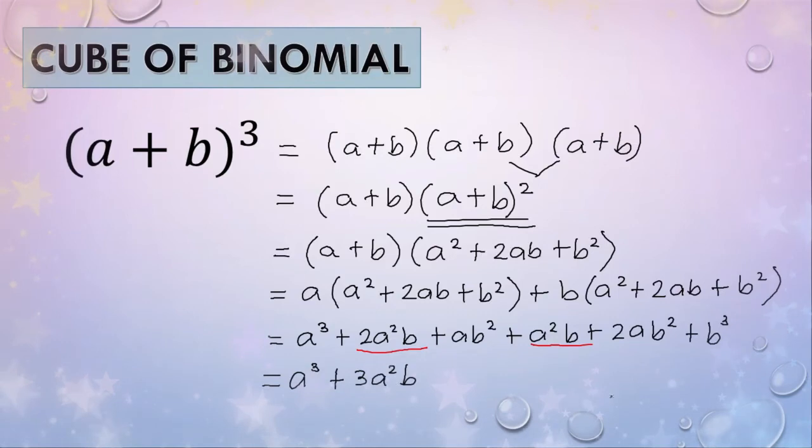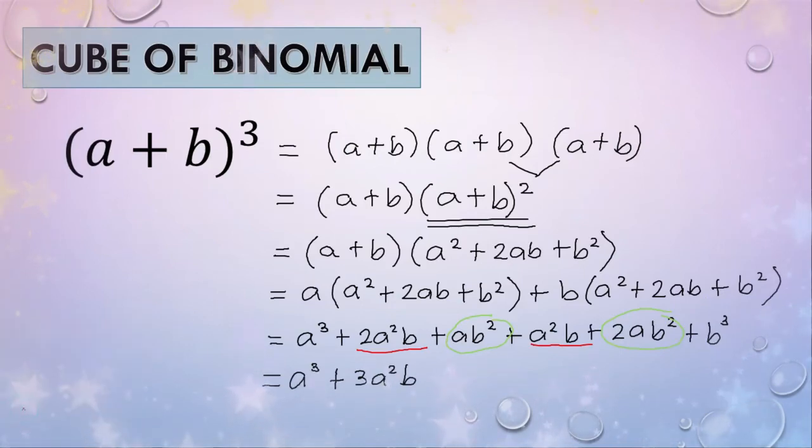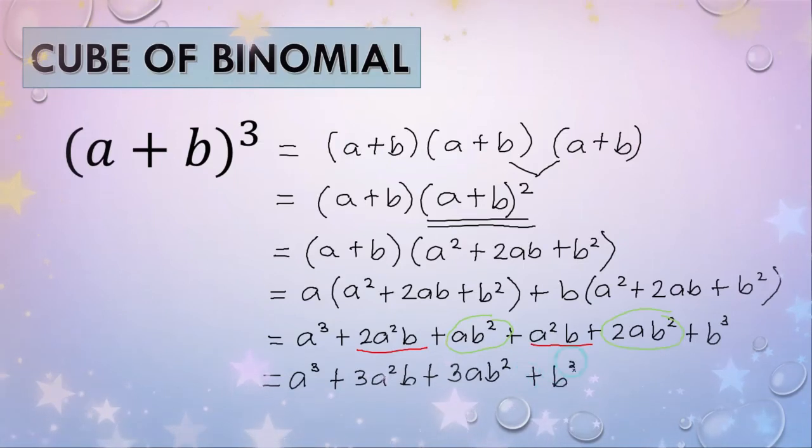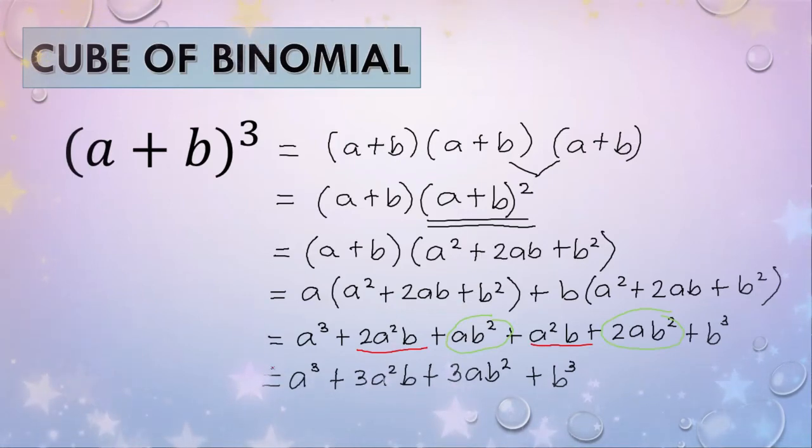And another like terms is this one. We have ab squared and 2ab squared. If we combine them, it will equal 3ab squared, and lastly copy b cubed. Then this is how we got the pattern for the cube of a binomial.